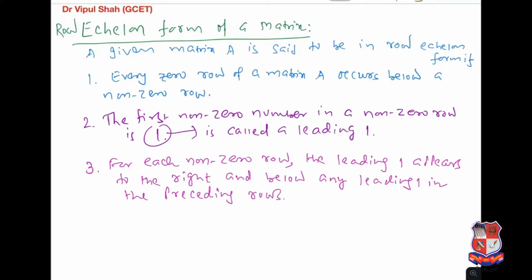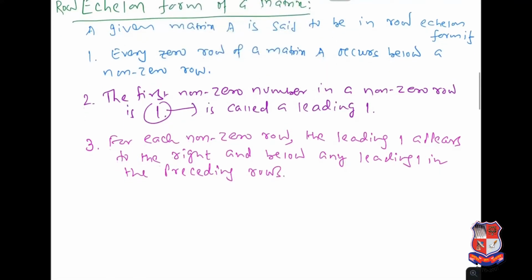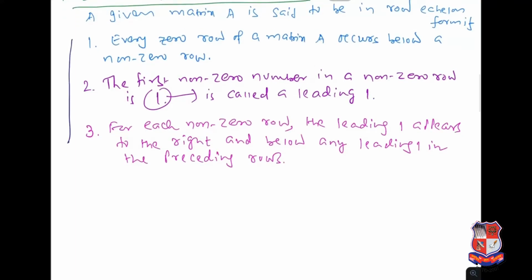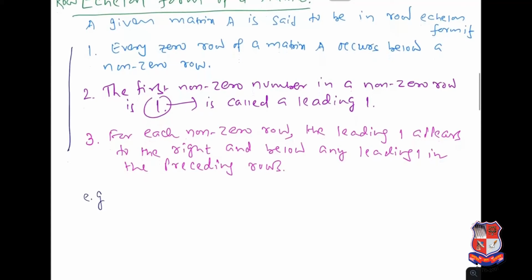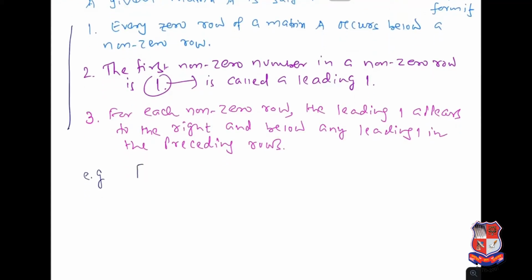Now let us understand by having one example, so that you can have all the three criteria fulfilled in a matrix. Then we call it a row echelon matrix. I am just giving one example where the matrix is in row echelon form. Suppose I write 1 1 0, 0 1 0, 0 0 0. This is in row echelon form, because let us mention the leading ones.